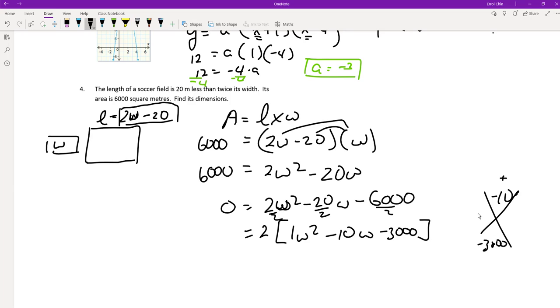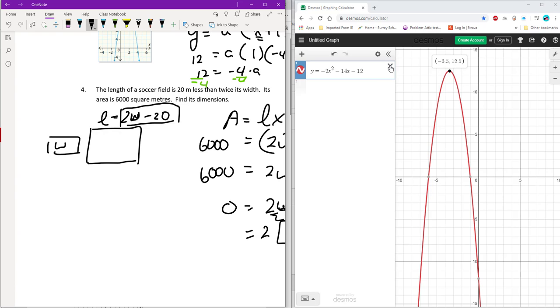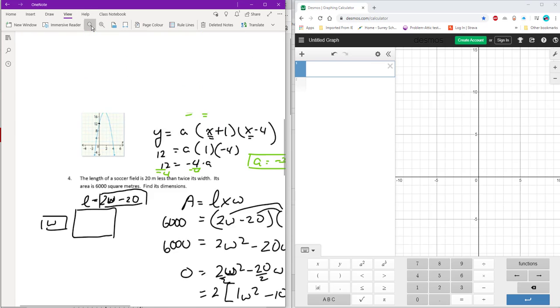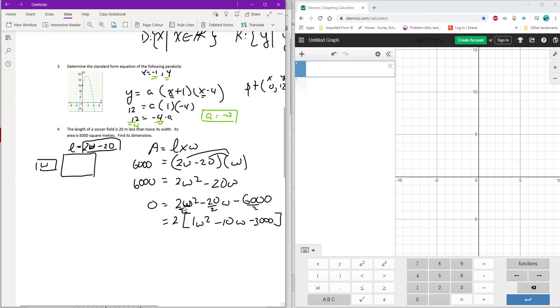I'm going to try 30, no. You know what? I'm going to cheat a little bit and use Desmos. I'm just going to plug in this 2w squared. I can't use w's, but I can use x's.